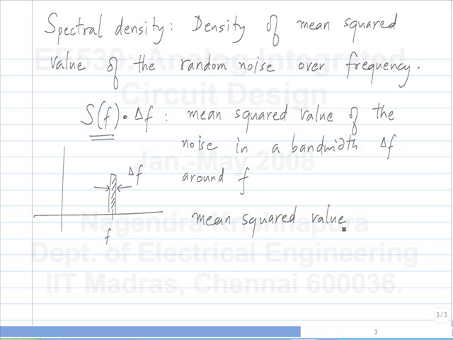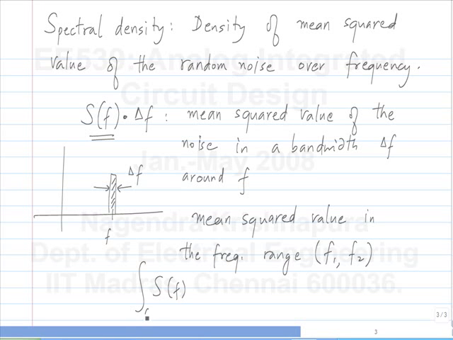So, if you take a frequency range from F1 to F2, the mean squared value will be the integral of S of f from F1 to F2. Okay. Again, in case of the resistor, it's a trivial integration because S is constant, but that's not always the case.